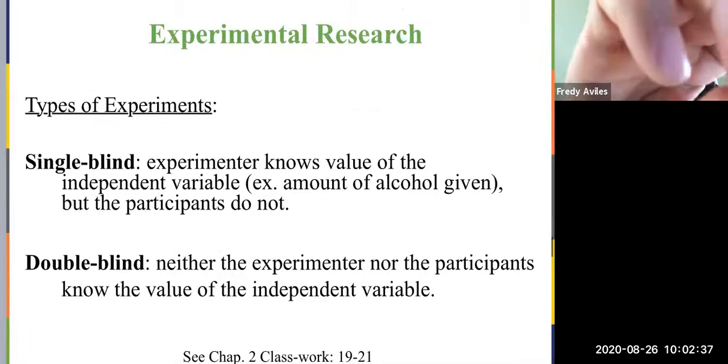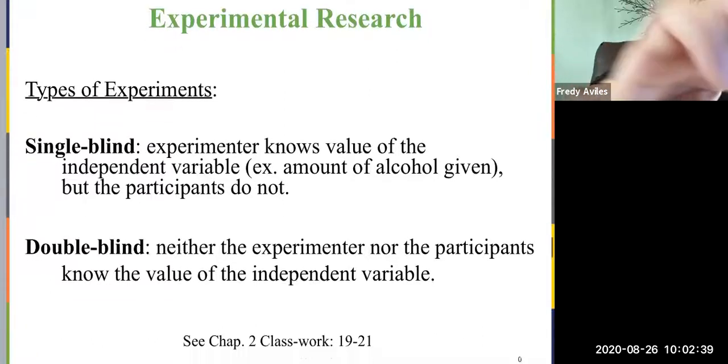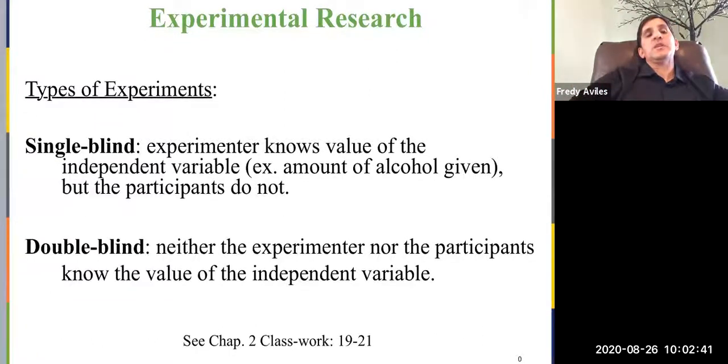There are different types of experiments. An experiment could be single blind. And that means that the experimenter knows the value of the independent variable, but the participants do not. Let me explain that. A single blind experiment is one in which the experimenter knows what the participants are getting.